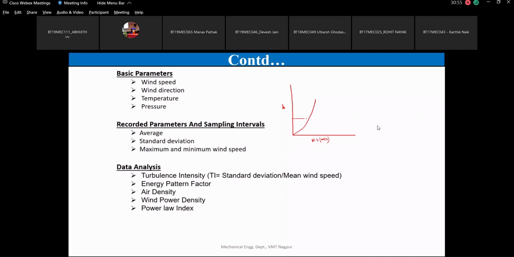Then for wind resource assessment, we are collecting the wind data, which is useful for the wind power project. Suppose we are planning some wind farm.